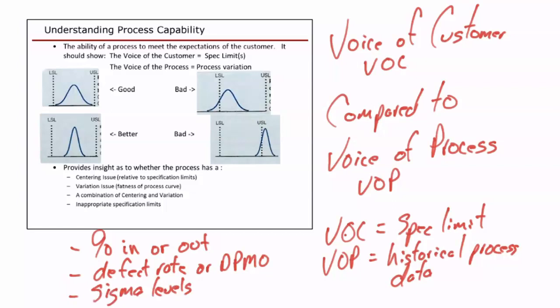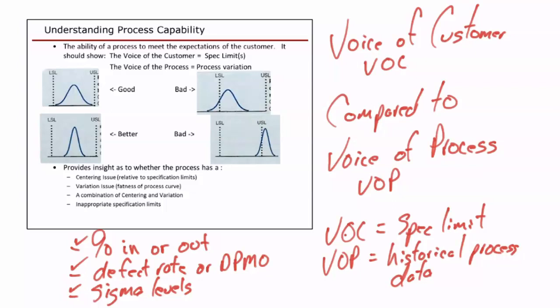Each of these different ways helps compare the needs that the customer has, specs, to the historical data that we've collected on our process performance. How much of it is falling in or out of that specification limit? I like all three of these methods, and depending upon the environment that I'm in, I'm going to rely on one over the other.